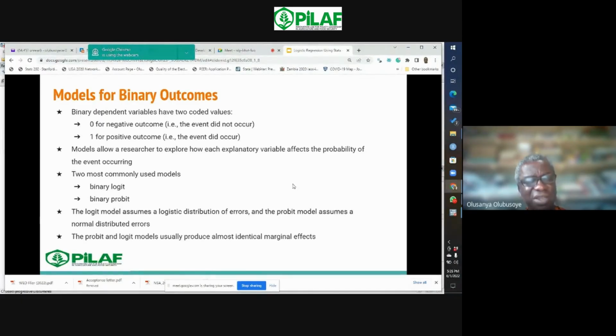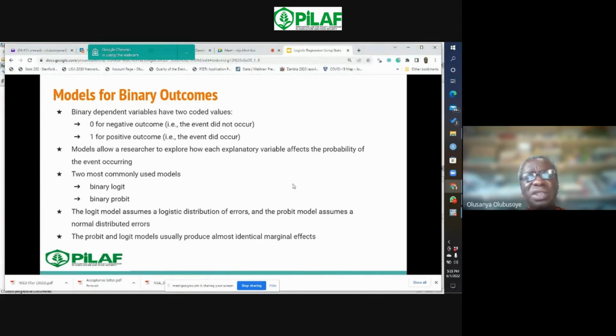The most commonly used models are the binary logit, and sometimes we simply call it logit or logistic model, or the binary probit. These are the 2 most commonly used models for binary dependent variables. But what is the difference between the 2? The first difference is that the logit model assumes a logistic distribution of errors, whereas the probit model assumes normally distributed errors.